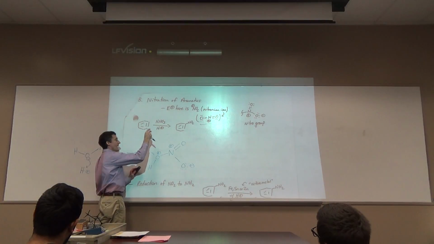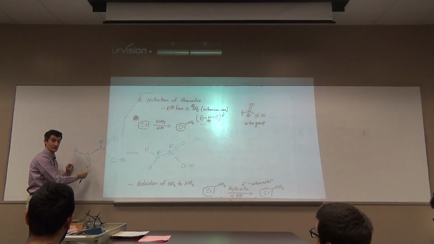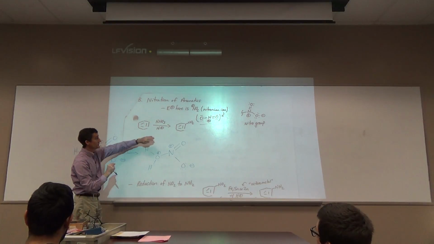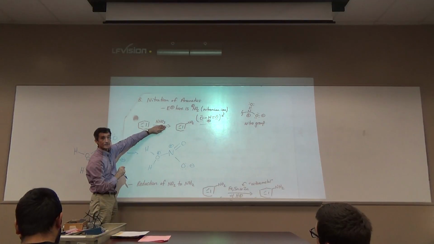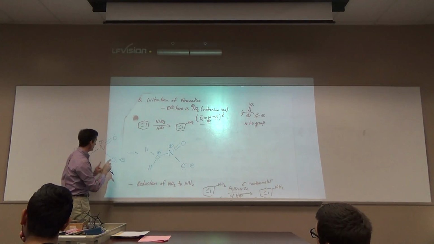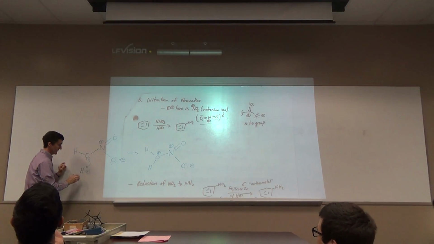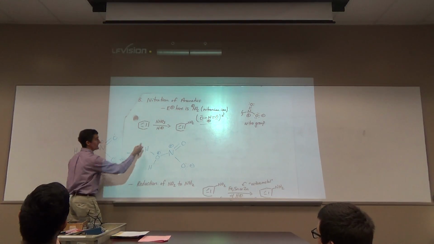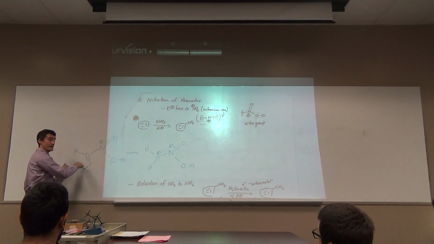Actually, nitric acid can protonate itself. Sometimes you may not need sulfuric acid. You can actually have nitric acid protonating itself. This could be sulfuric acid. It can also be nitric acid, because one molecule of nitric acid can protonate another molecule.